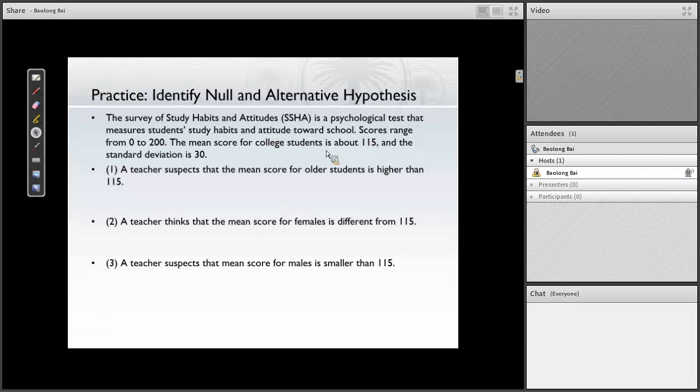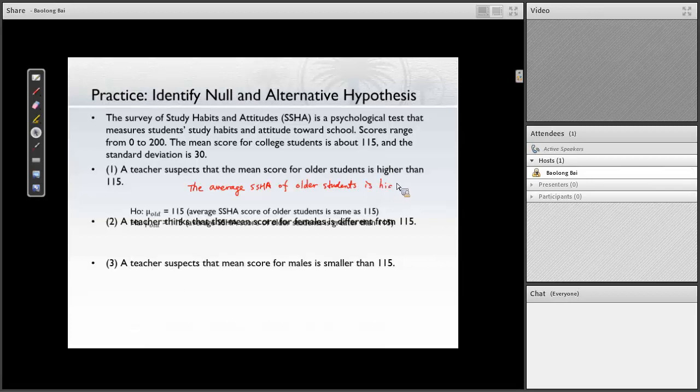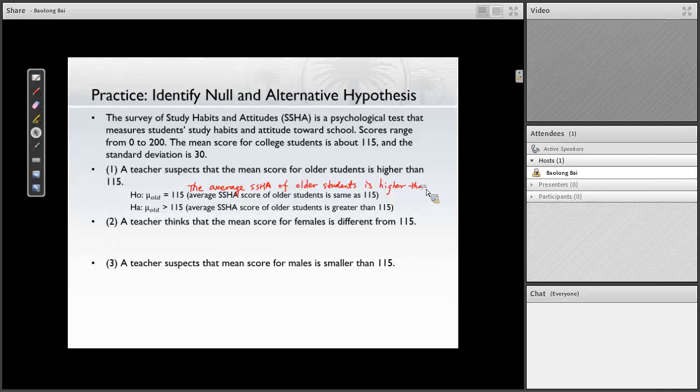First, a teacher suspects the mean score for all their students is higher than 115. So we have a claim being made here, right? The claim is saying the mean score, so basically that means the average score of older students is higher than 115, right?